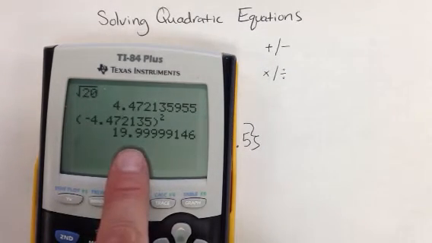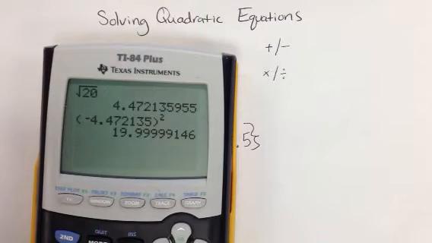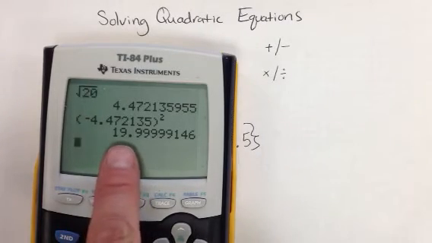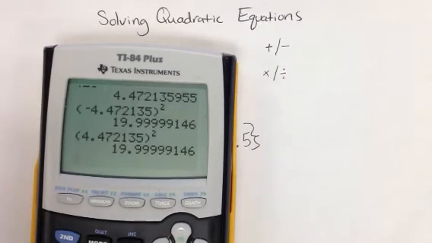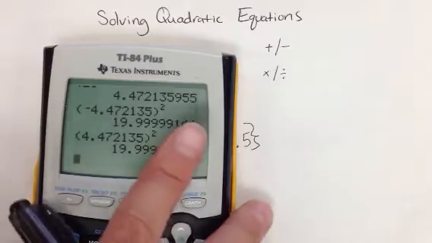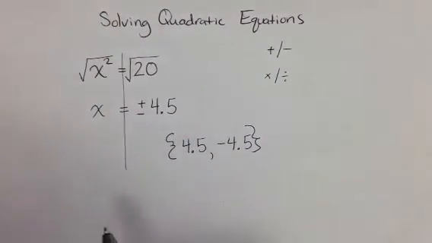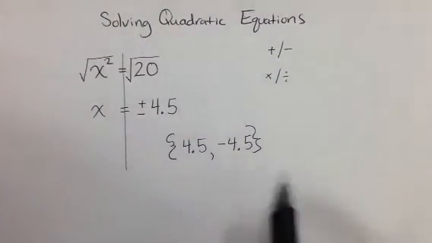Yeah, it got me really close to 20. It's because it's not exact. All right, so I get a positive. Or if I do the same thing but make it positive, it's the same answer. So a common mistake is people just put the positive answer. There's two solutions. When you're solving by taking the square root, it's possible that it was positive or negative.